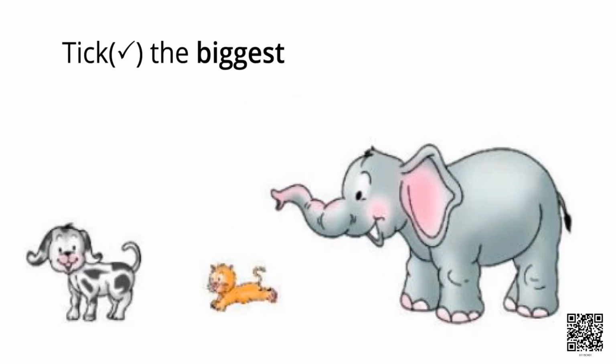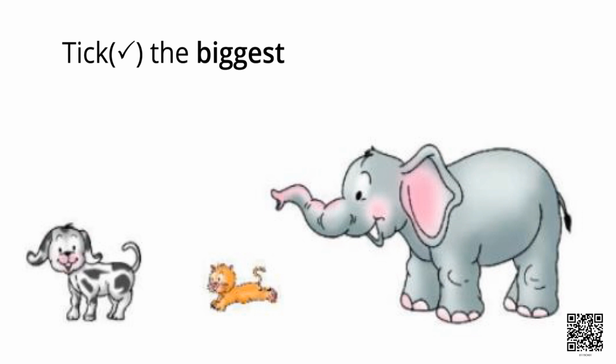Now look at these three pictures of animals. See? Here we have a dog and a tiny kitten and a big elephant. See? Can you see these three pictures? Okay, now your task is to tell me which is the biggest of all three animals here in the picture.